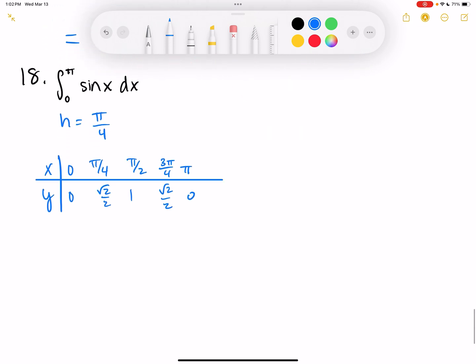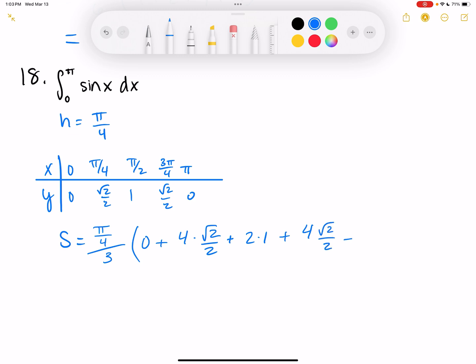So someone tell me how to set up Simpson's rule, or what I would need to write. So we got S equals h over 3, so pi over 4 over 3, times 0 plus 4 times the square root of 2 over 2 plus 2 times 1 plus 4 times the square root of 2 over 2 plus 0.